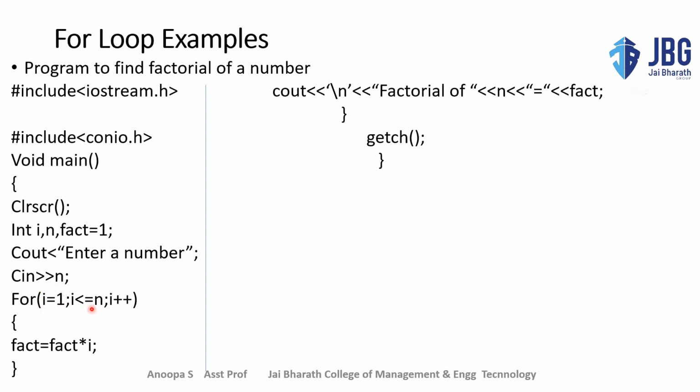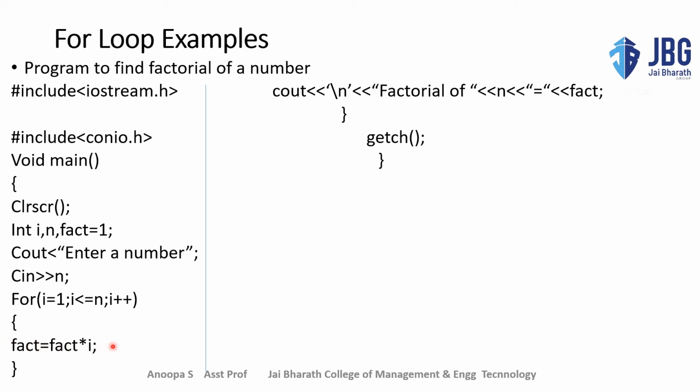The test condition is i less than or equal to n, whether the loop control variable is less than or equal to the number. The update expression is i plus plus, that is, i will be incremented by 1. The loop body is fact equal to fact into i.